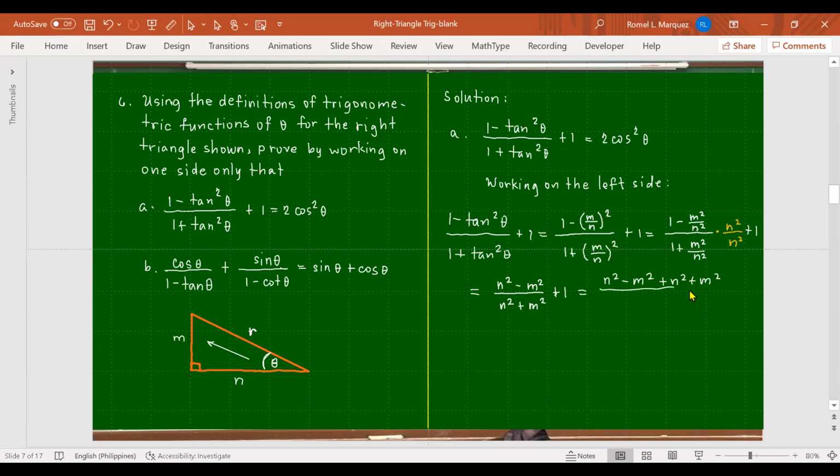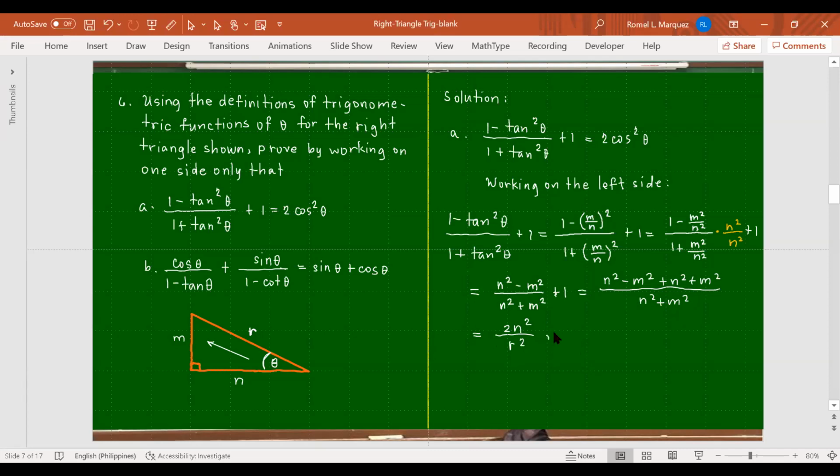Then all over, we have n squared plus m squared. Okay? And that is equal to n squared plus n squared, which is 2n squared, all over the denominator. But the denominator, I can write that as r squared, guys.